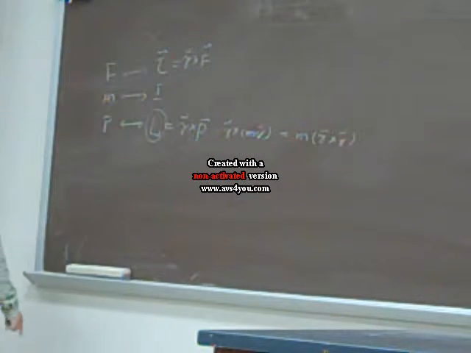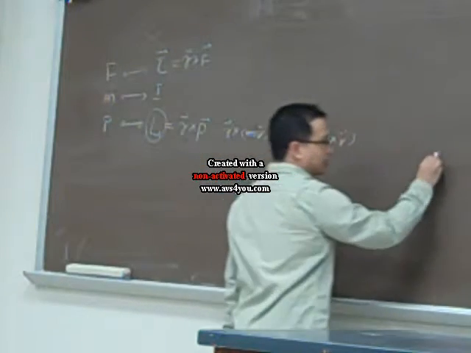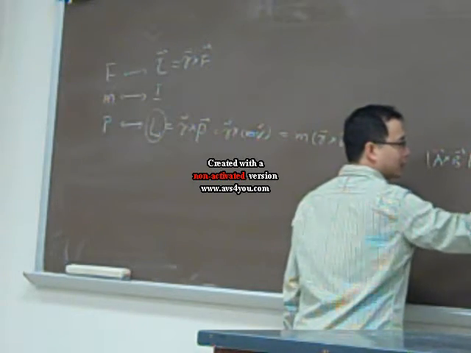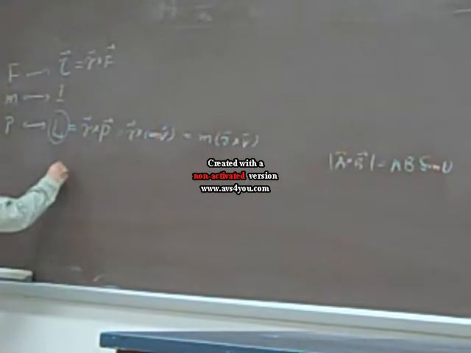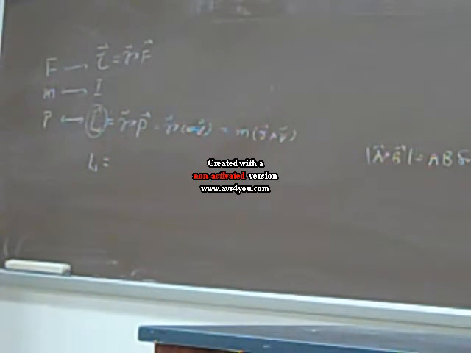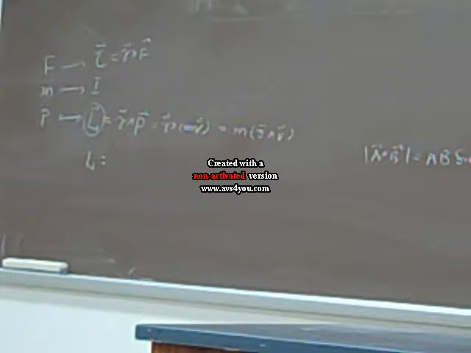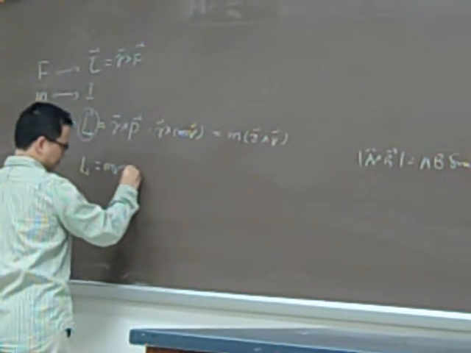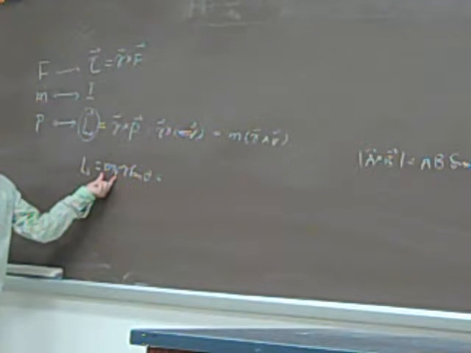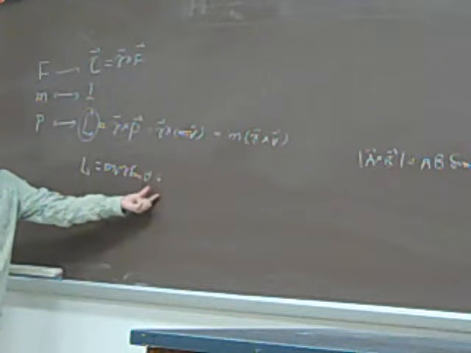Now for the magnitude, we know the magnitude of A cross B equals AB sine theta. So the magnitude of the angular momentum, usually if we don't put an arrow sign, that means the magnitude, can be written in different ways. It is P multiplied by R multiplied by sine theta, since mv is p.